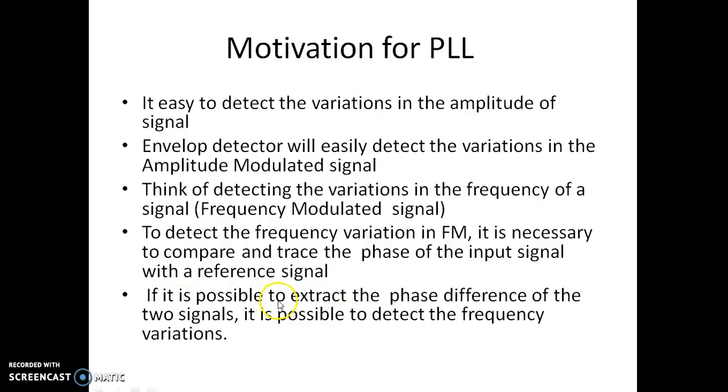So if it is possible to extract the frequency difference of the two signals, which are the reference signal and the incoming signal, then it is possible to detect the frequency variations of the input signal, because you will be having control over the reference signal. If you are able to find the difference between the reference signal and the incoming signal, then it is possible to detect the variations in the frequency.